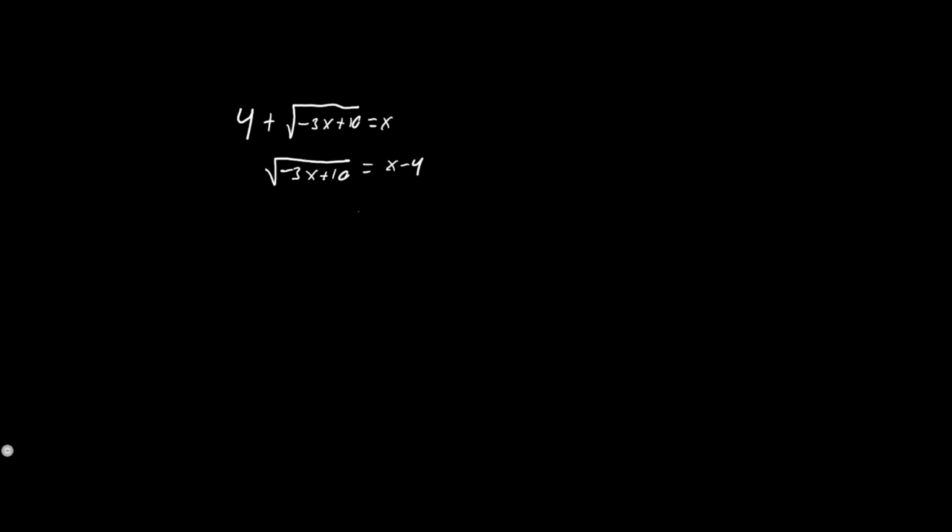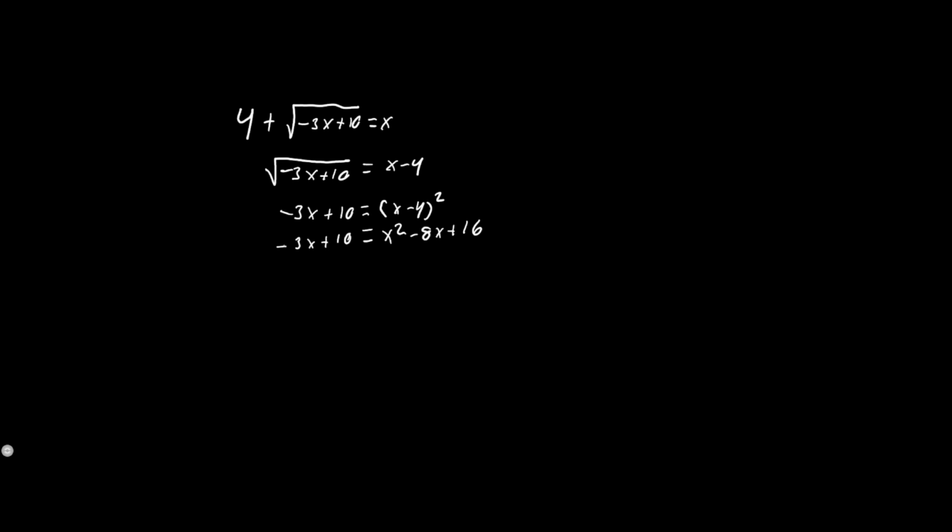Squaring both sides, we get negative 3x plus 10 is equal to (x − 4)². Expanding the right-hand side, we simply get x² − 8x + 16. On the left-hand side, nothing changes, so we get −3x + 10.